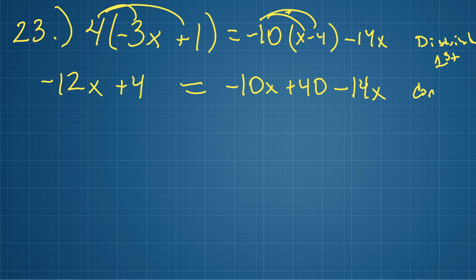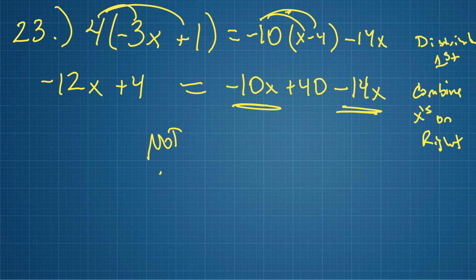Now I have to combine the x's on the right. Negative 10x minus 14x. You cannot, not allowed, to add 14x here and here. That is not combining like terms. That's adding 28x to one side and nothing to the other side.